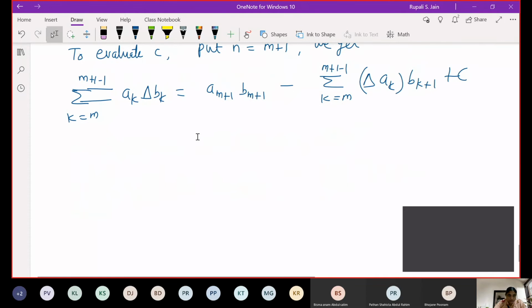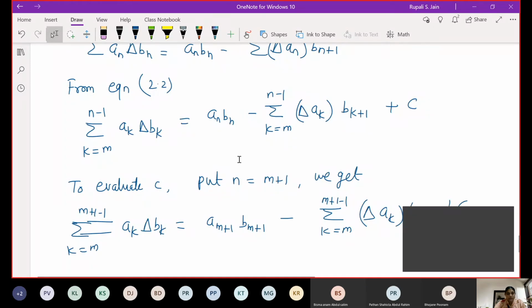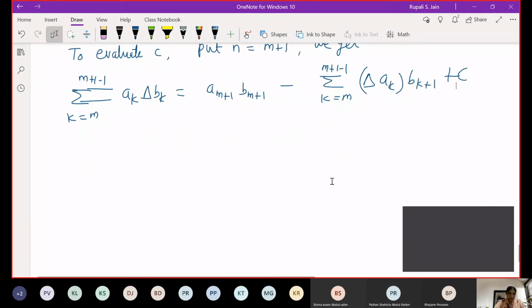I am substituting n equal to m plus 1 in this equation so that I can find the value of the arbitrary constant c. So this summation is only from m to m, meaning only the m-th term will survive from the whole summation, right? Yes, ma'am.